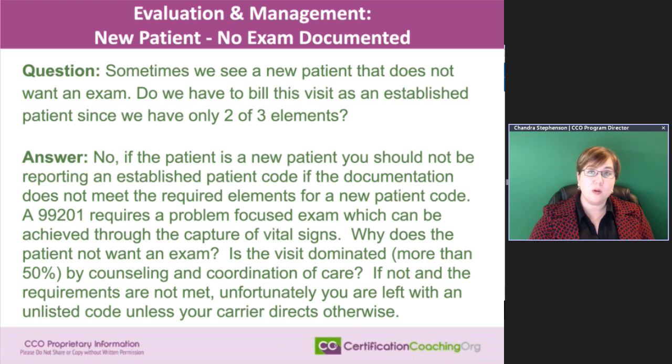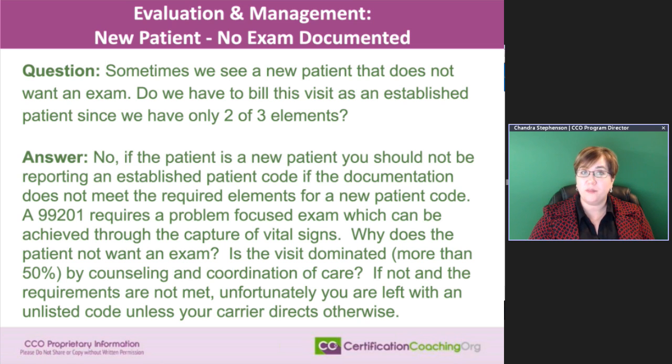Then typically what most of the carriers will do, and you can find policies on this if you go out and do a quick Google search, is they will say, let the other two components, like the exam and the medical decision making, drive your level of code selection. And we'll give you a little bit of a pass on that history component.